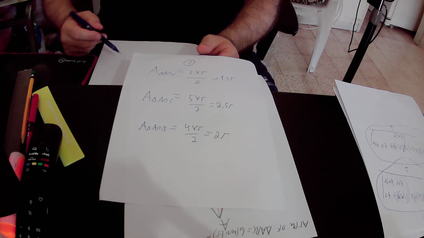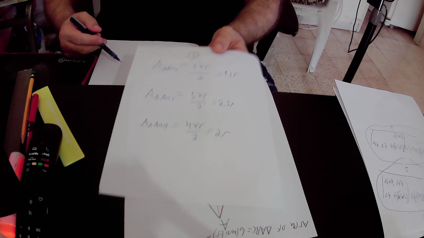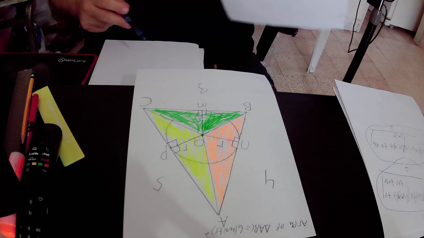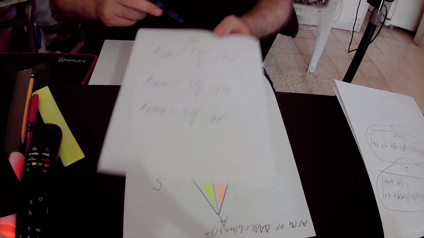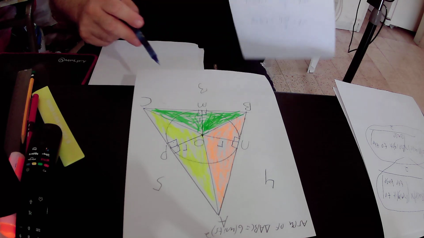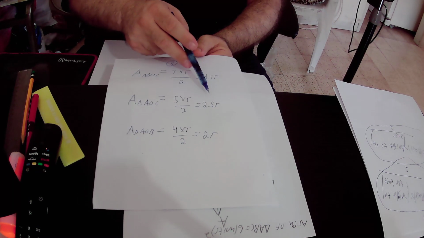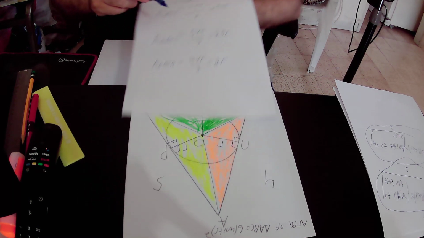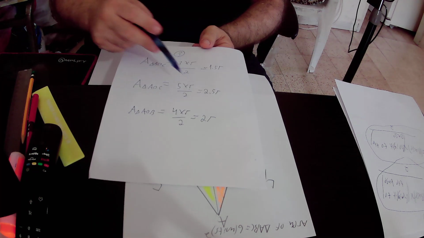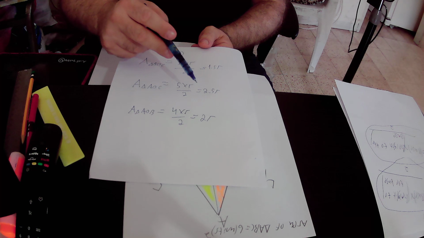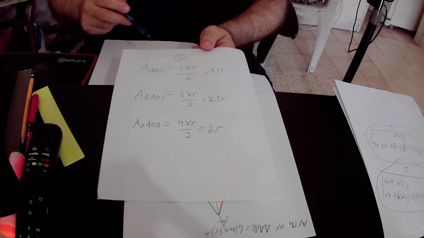So we can summarize and say that the area of the green triangle equals 1.5 times the radius of the circle. The area of the yellow triangle equals 2.5 times the radius of the circle, and the area of the orange triangle equals 2 times the radius of the circle.